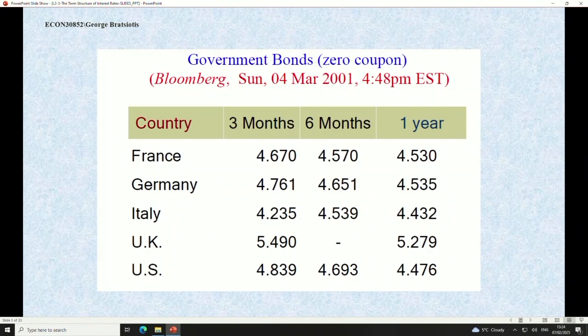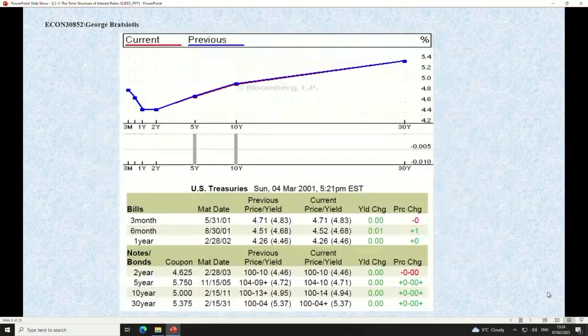Good. Let's look at the US a little bit. What's happening in the US? This is again from Bloomberg. What you've looked at up to now is that it goes down, then it stabilizes, gets flat here, and then it goes up, as you would expect. Again, that's an indication of potential recession.